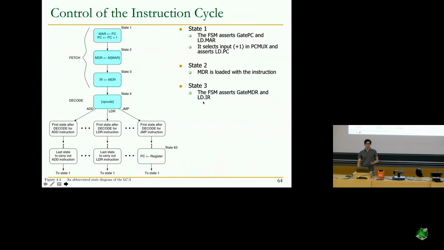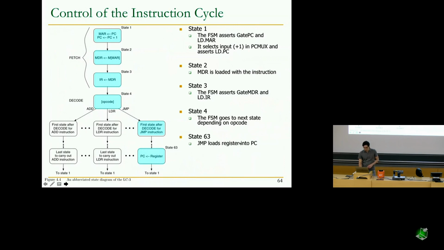Depending on the opcode of the instruction, we might go to some of these different states that come next. So, for example, if the instruction is jump, we will go to this state here that will finish in state 63. And what do we do in state 63?